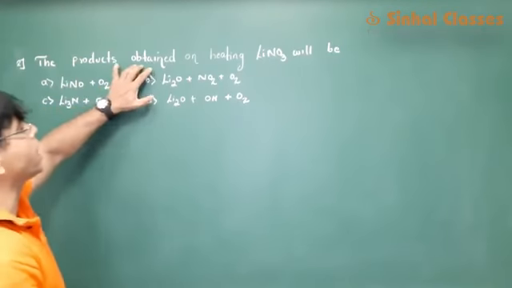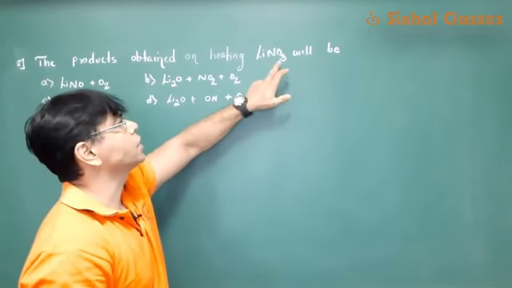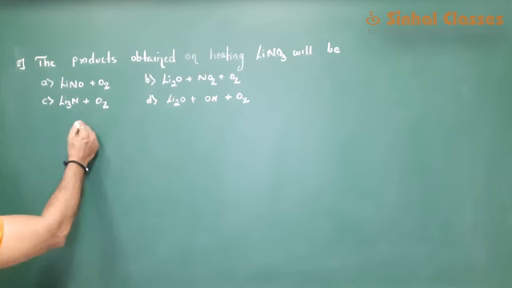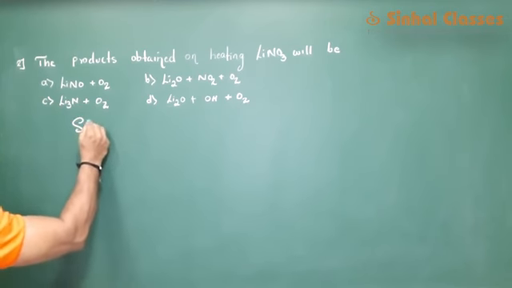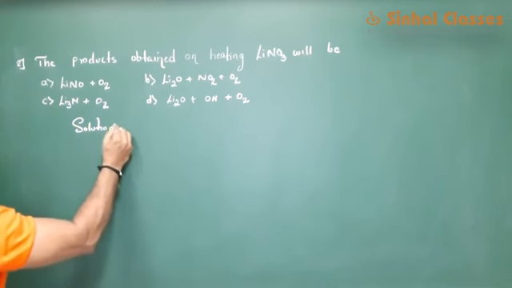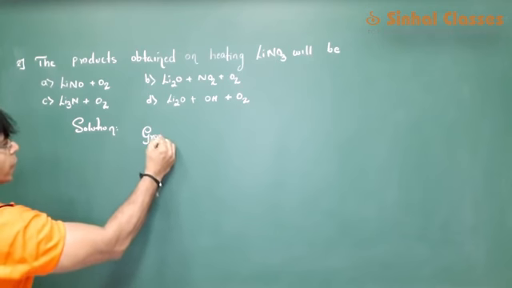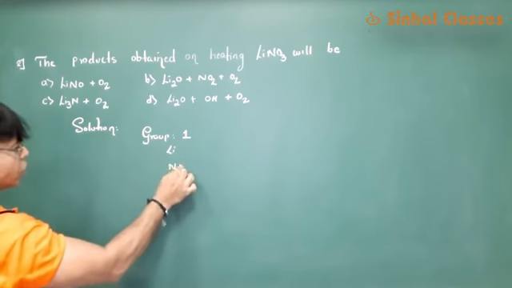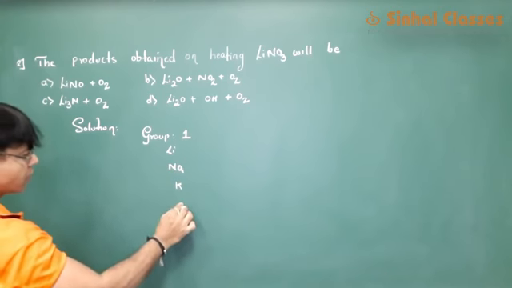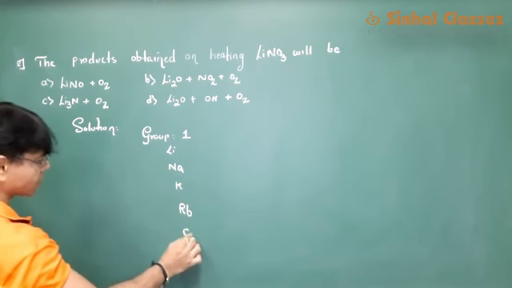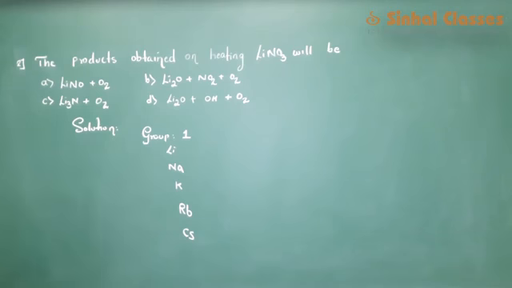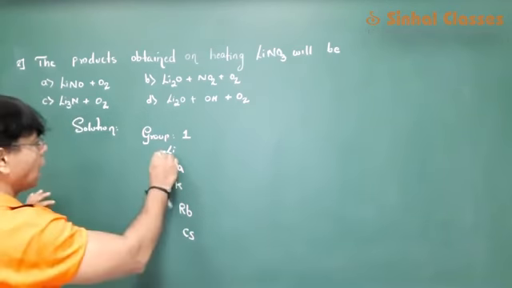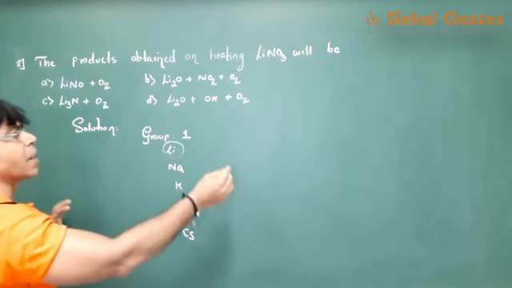The product obtained on heating lithium nitrate will be. Now, we all know lithium belongs to group 1. Group 1 elements, that is alkali metals: lithium, sodium, potassium, rubidium, cesium. Now this is group 1 element. Lithium is an exception.